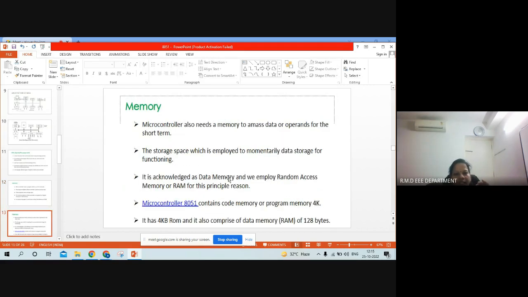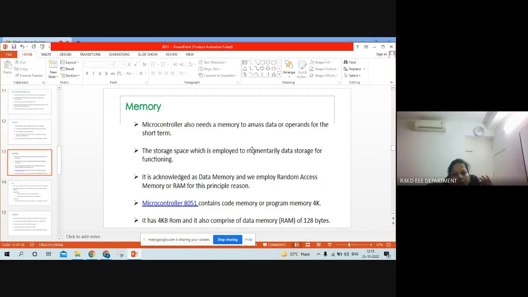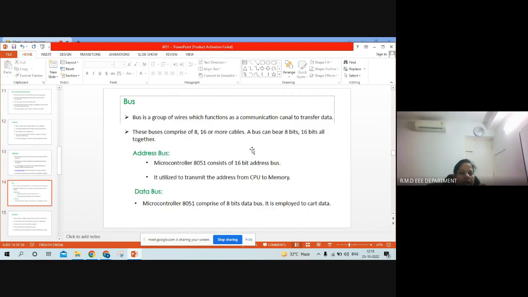It also has memory to hold data or operands for the short term, and this is specified as the data memory. The 8051 contains code memory, or program memory, of 4 kilobytes, as a 4 kilobyte ROM, and it also comprises a data memory of 128 bytes.